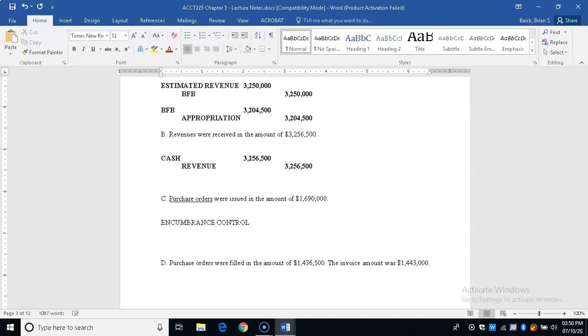Now the book uses a slightly different account. They say encumbrance control, budgetary fund balance. It's a longer account, but you can use the book's journal entry account or this one. It's exactly the same thing. Then you credit budgetary fund balance, reserve for encumbrance. Okay, 1.69 million. This is when you set the money aside.